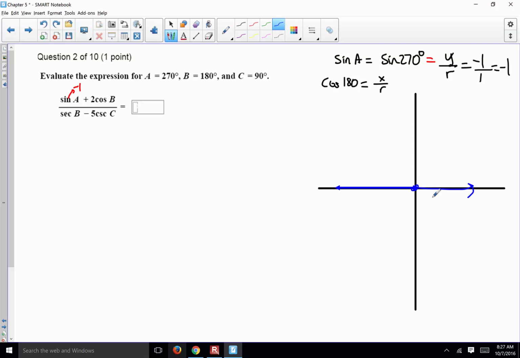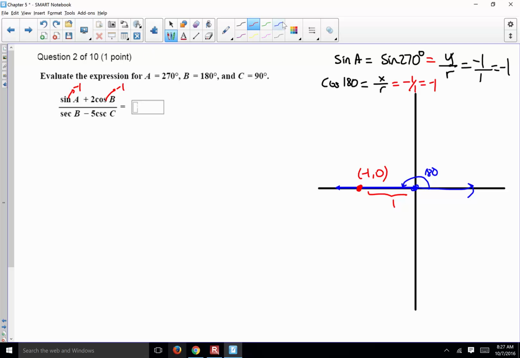This is your angle now. I mark any value here. Again, what is the best option? -1, 0. And then r is 1. X is -1. Result is -1. Again, it's -1.